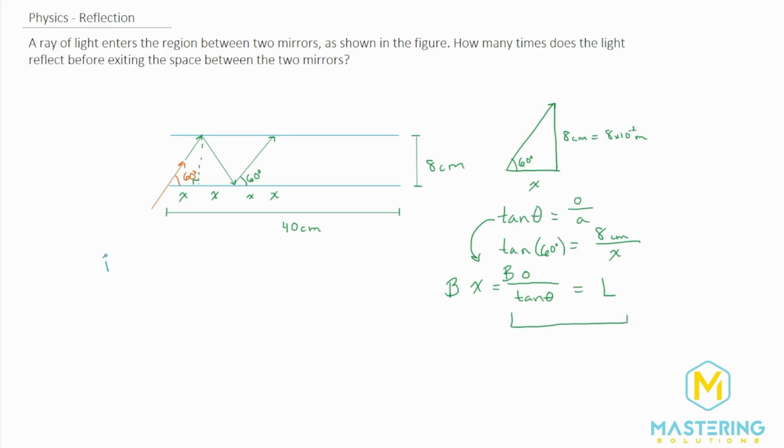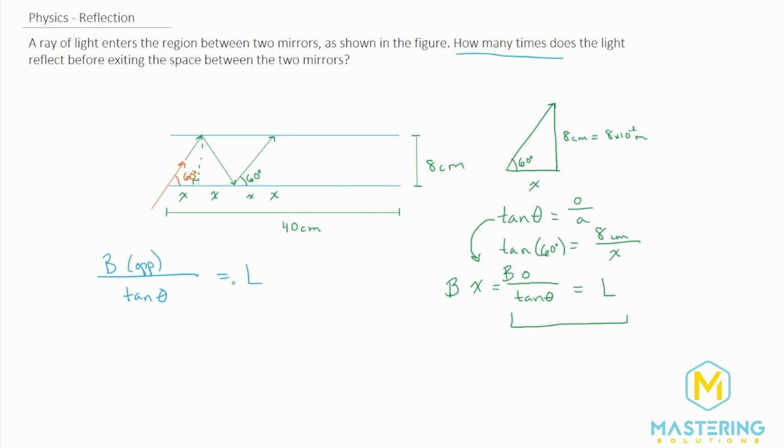Now we'll just take this portion right here. So we have b times the opposite, all over tangent of theta, and that's equal to the length of the tube L. We're trying to solve for b though. That's what we need to see: how many times does the light bounce or reflect before it exits the tube? So we need to isolate this.